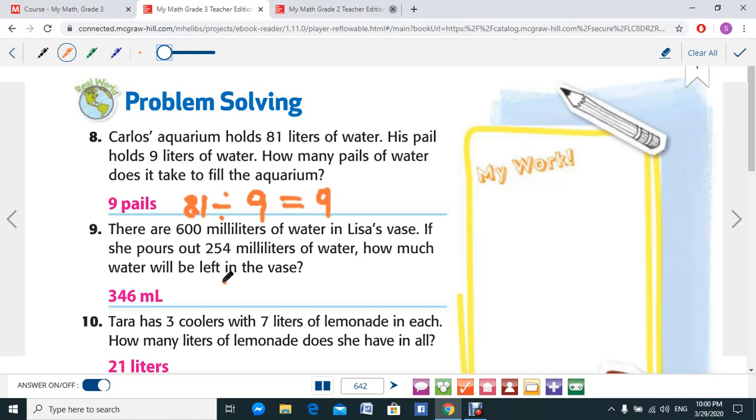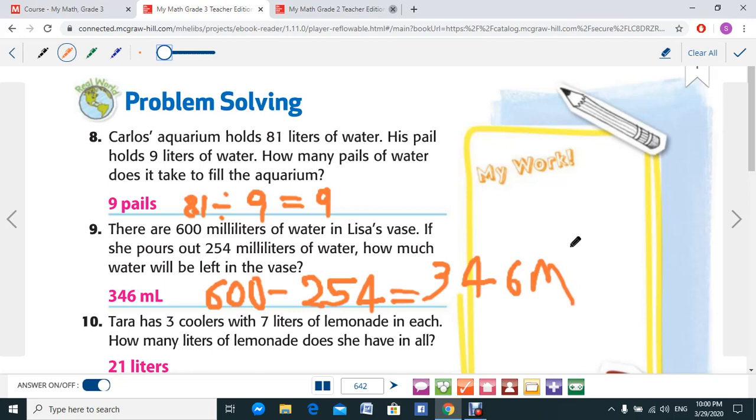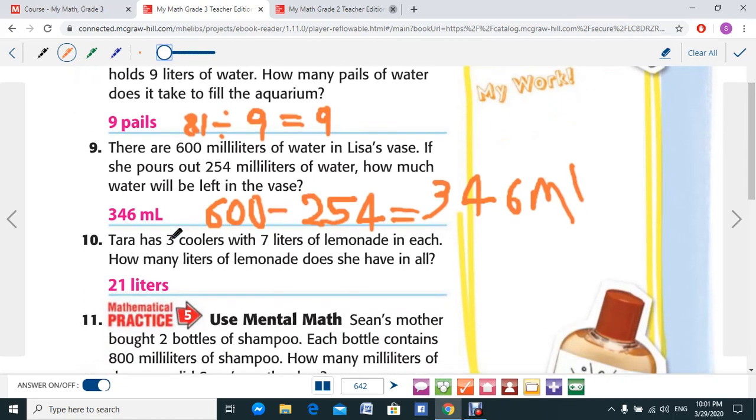In the next question, we subtracted 600 minus 254, and the answer was 346. I'm trying to make it big so you can see it. 346 what? Milliliters. Okay? Yes.